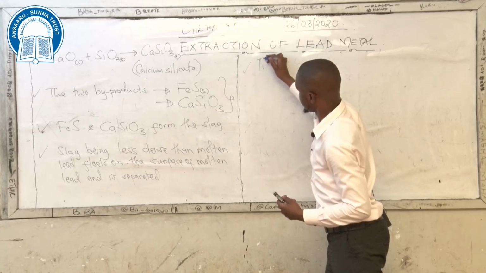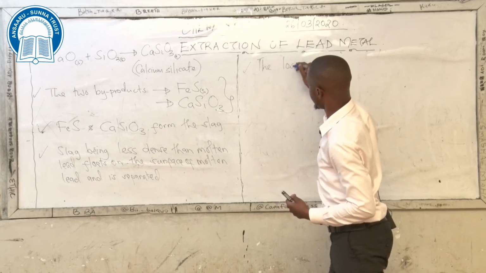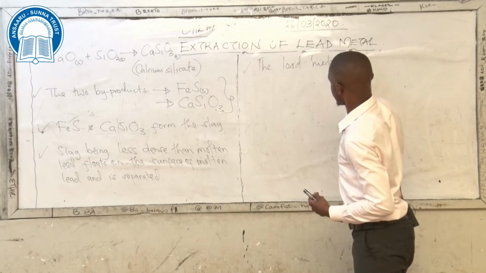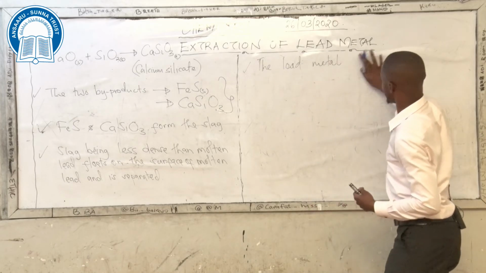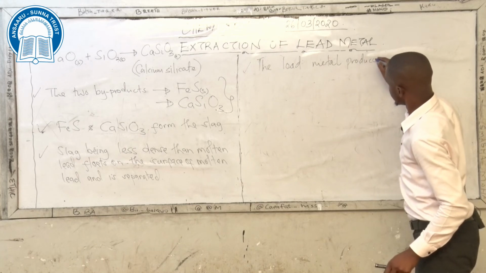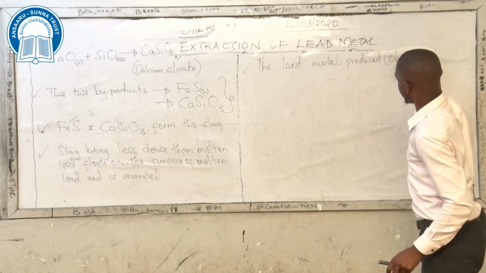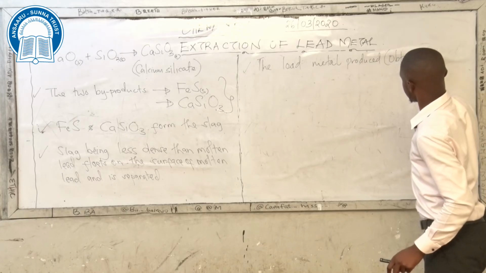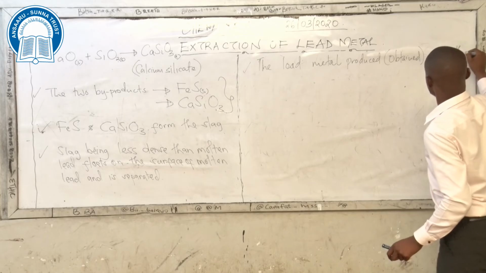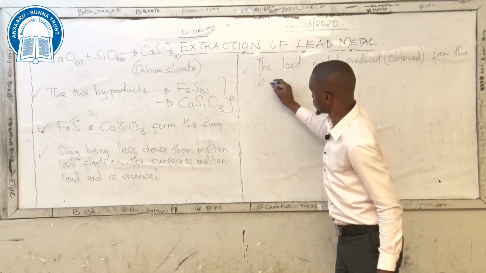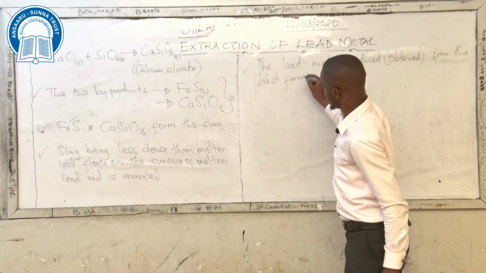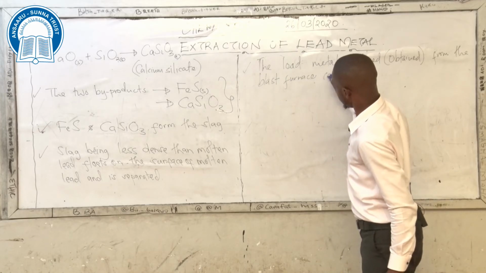So the lead metal, we are saying, produced or obtained from the blast furnace contains impurities.